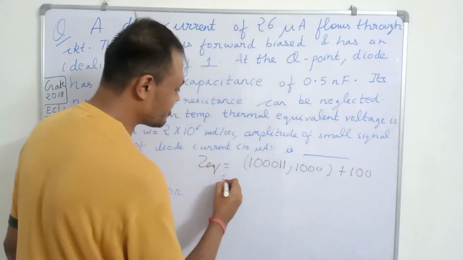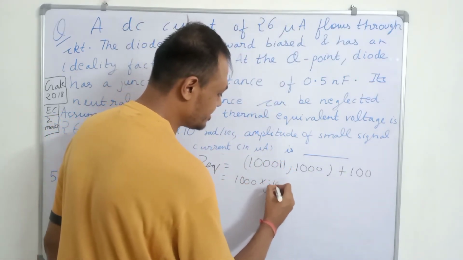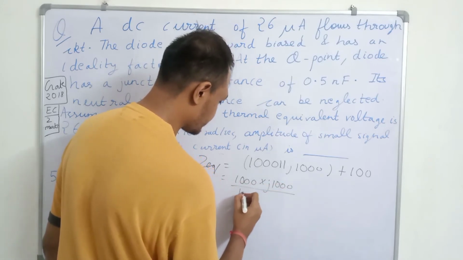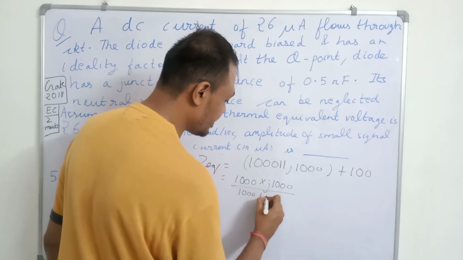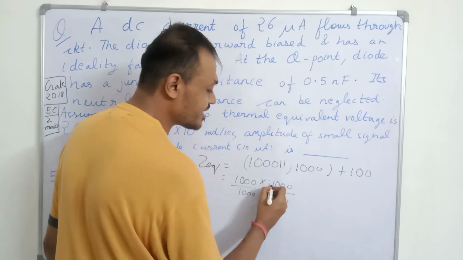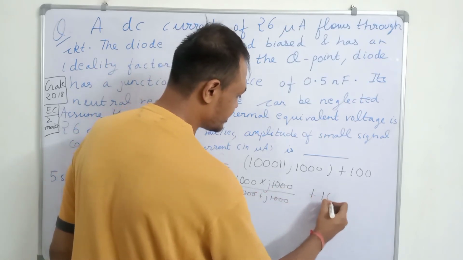So this will be equal to 1000 into j1000 upon 1000 plus j1000. Taking 1000 common, it will cancel, plus 100 as it is.